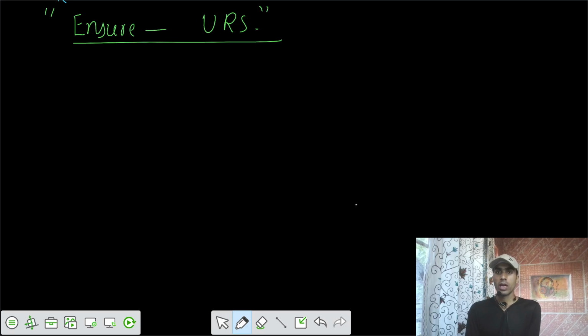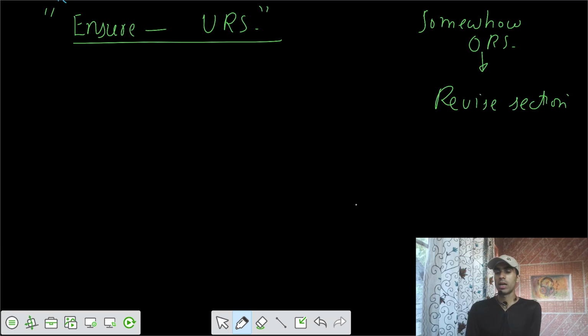And if somehow we got an over reinforced section, we have to revise the section. That means either we have to change the D, or we have to change the B, or we have to change the steel area.